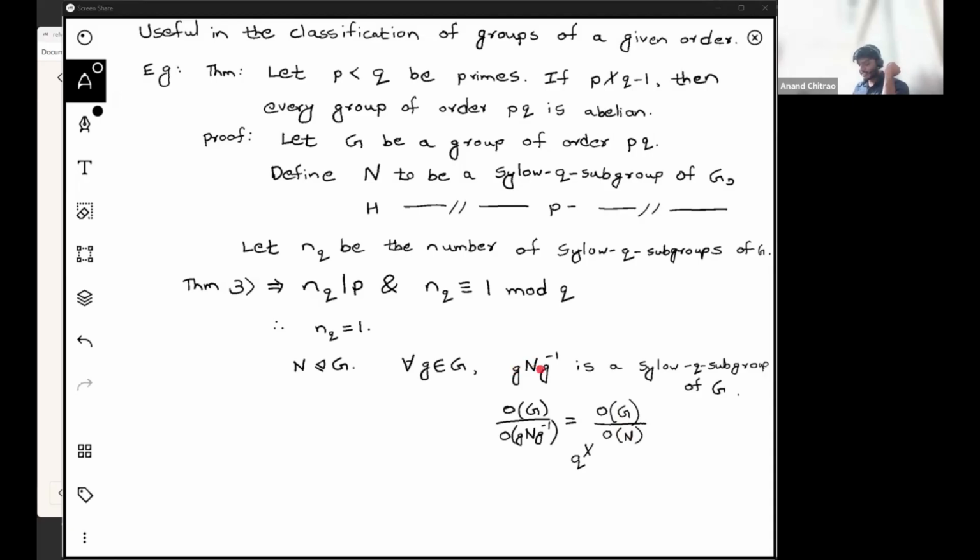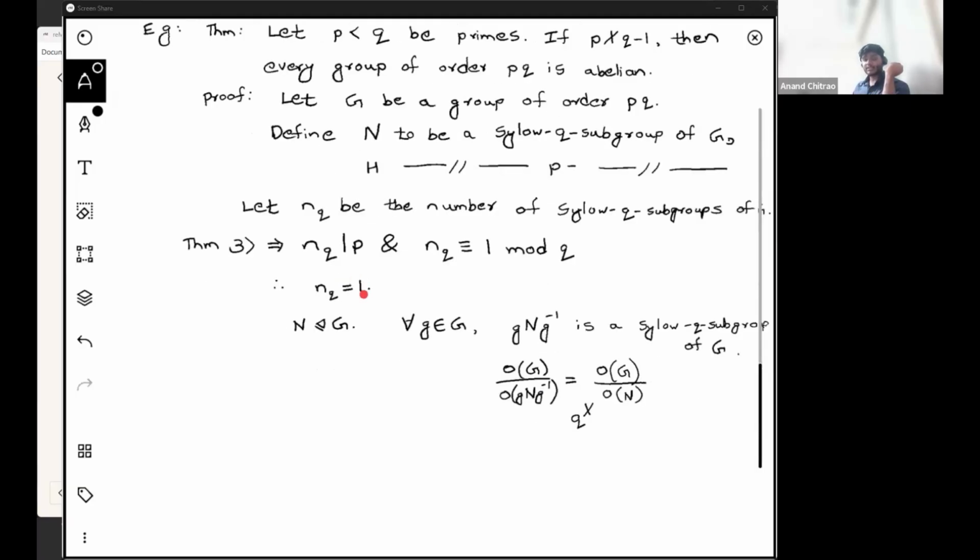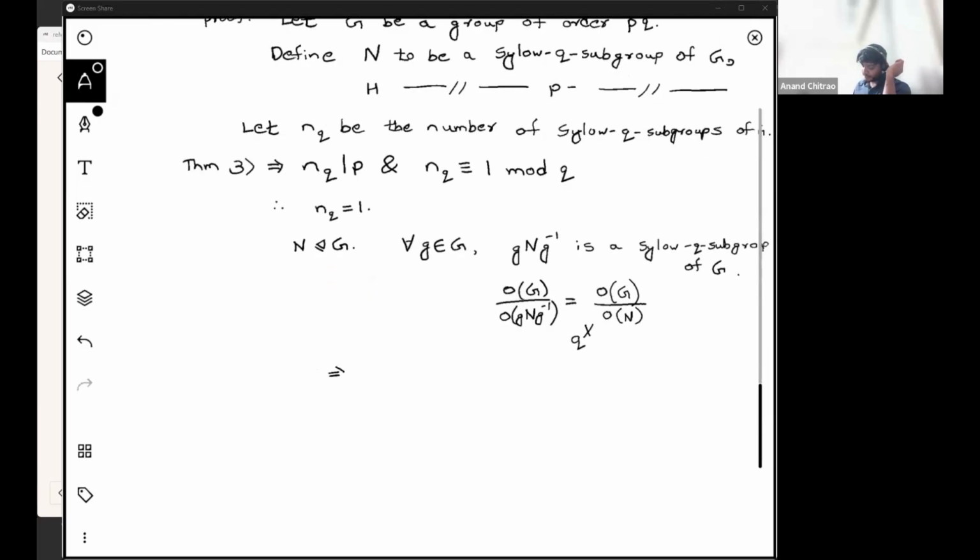So this says that g N g inverse is a Sylow Q subgroup. But how many Sylow Q subgroups are there? There is a single Sylow Q subgroup. So this implies g N g inverse equals N, and then N is a normal subgroup of G.